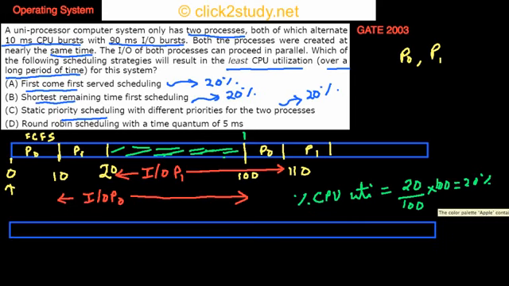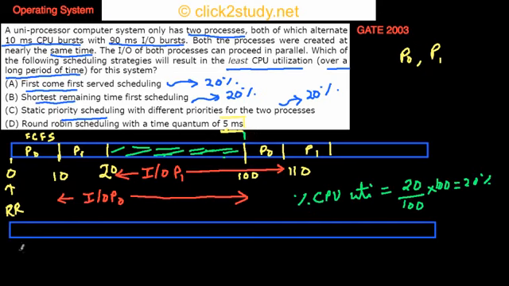I've drawn my timeline again, and now we're going to start round robin, and the time quantum is 5 milliseconds. So the time chunks you give are 5 milliseconds each.